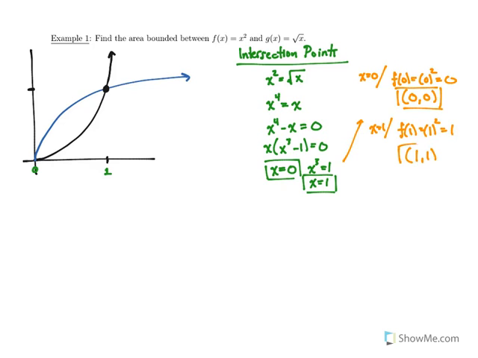Now you may have found those points regardless, but this gives us a nice way to do it for any function. So this is the point (1, 1) here. And we're thinking about the area bounded between those two functions. We are looking for this area right here. The area bounded between those functions.